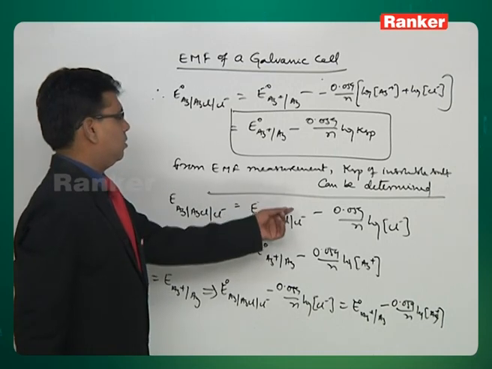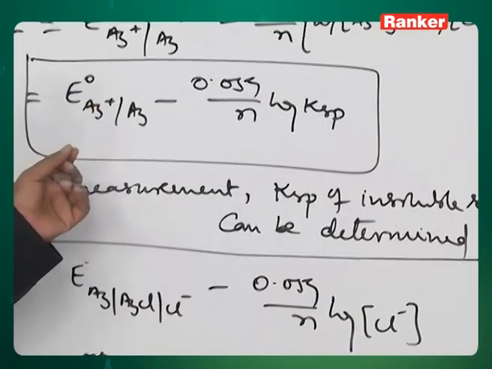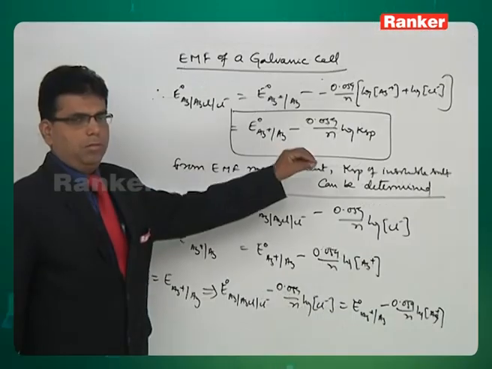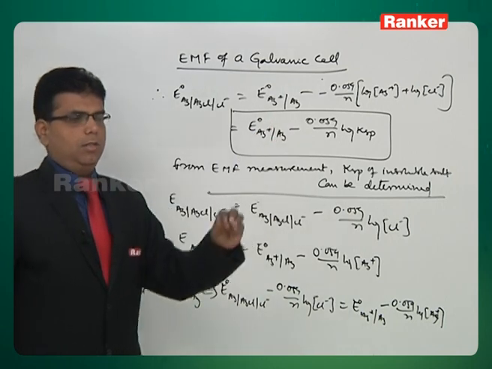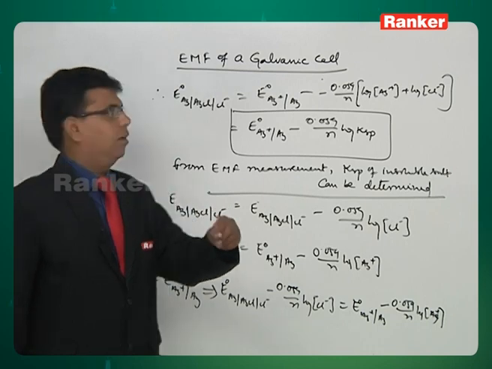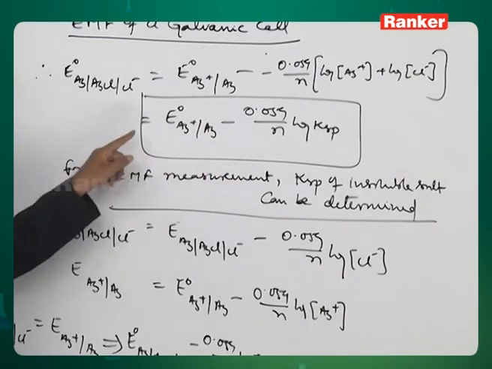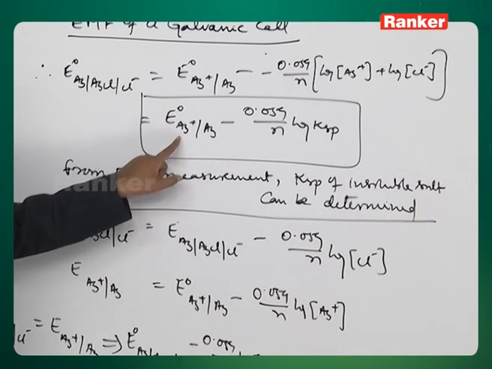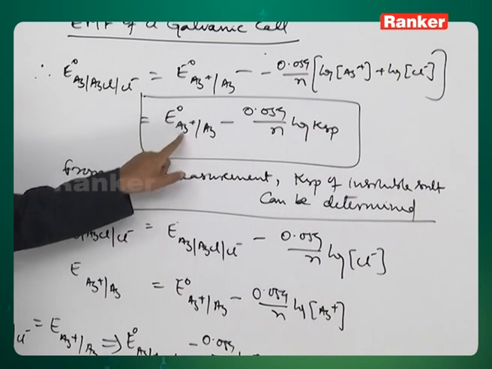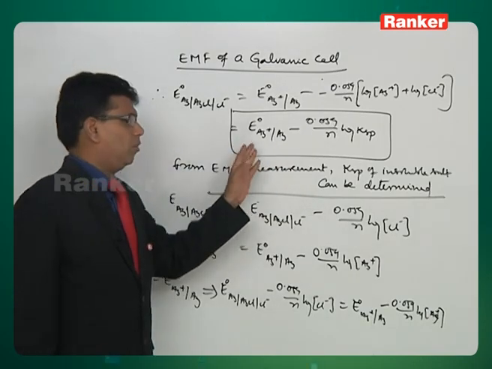So, this is one very important application of EMF measurements. For any insoluble salt, if the solubility product is not known, then construct a galvanic cell using that insoluble salt and find the E naught values. In fact, E naught of Ag plus/Ag is already known in the electrochemical series.